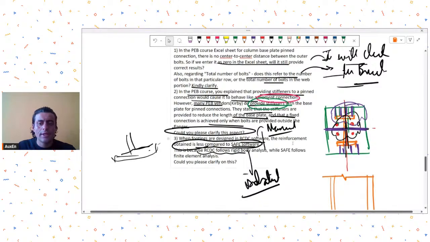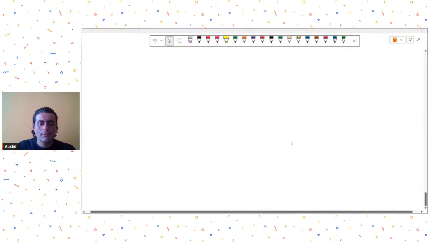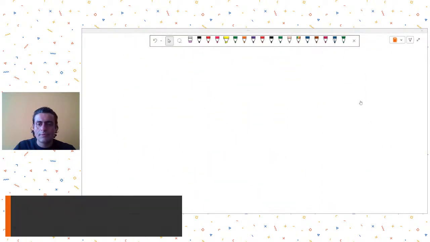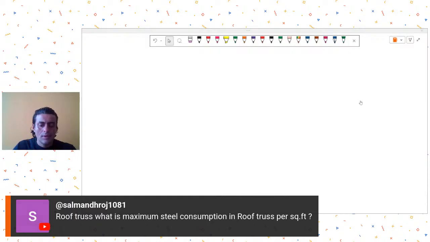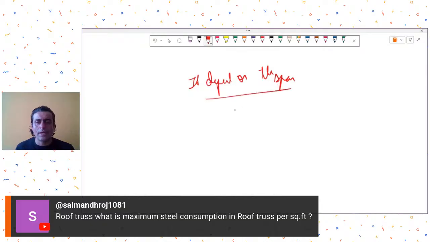Good. The next question is from Mr. Salman. Roof truss, what is the maximum steel consumption in roof truss per square feet? I cannot answer like this. It depends on the span, the loads, the bay width, bay spacing.